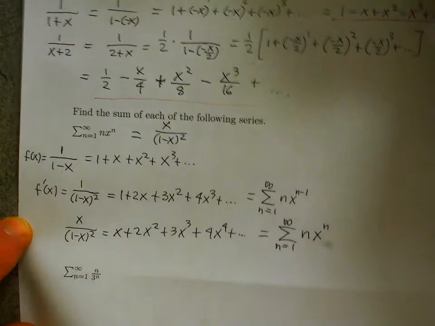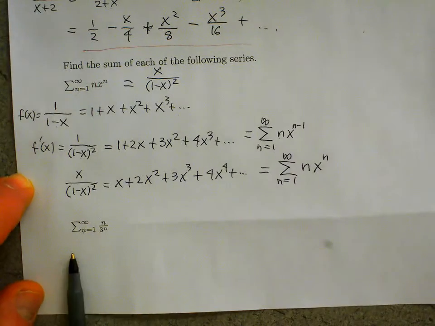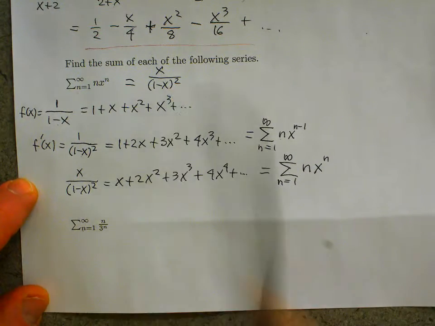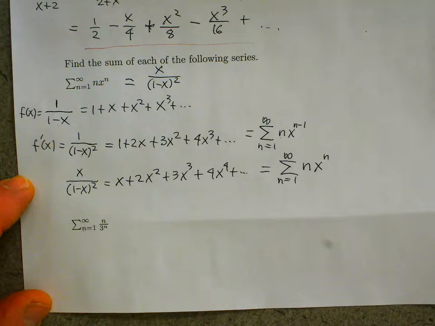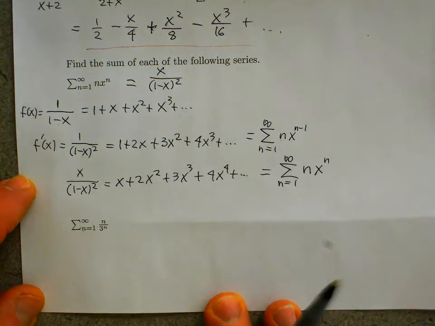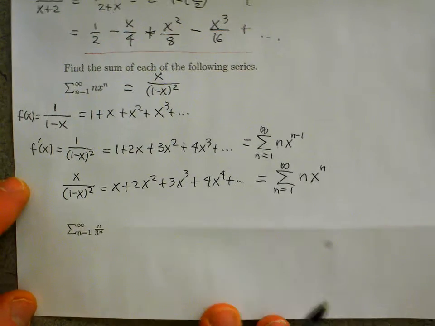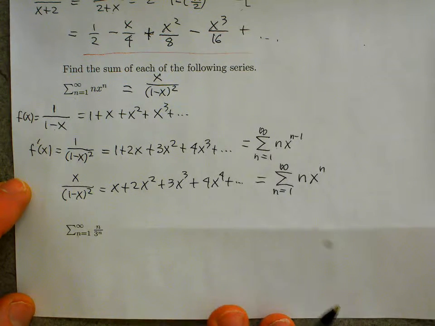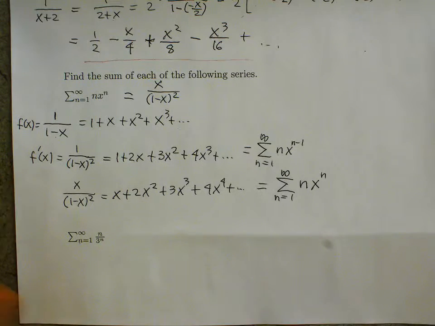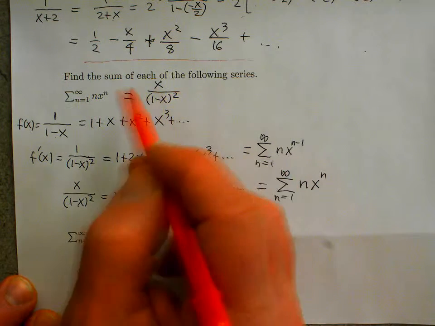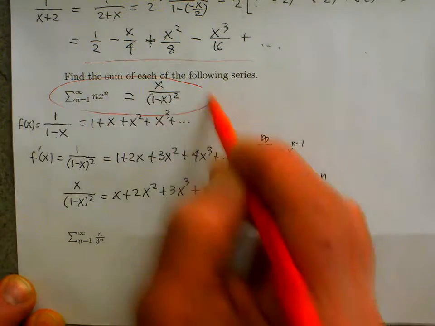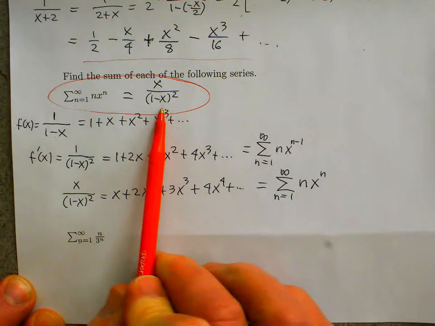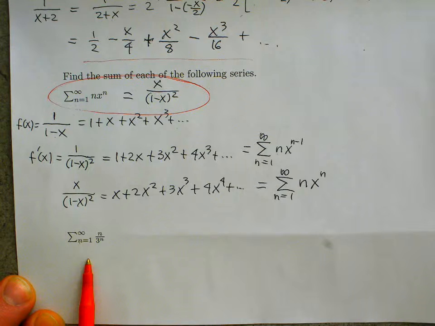Do you see how the second part of this problem is related to the first part? So I'll make an even stronger hint. We can use this series and the function that it's equal to find the numerical value of this infinite series.